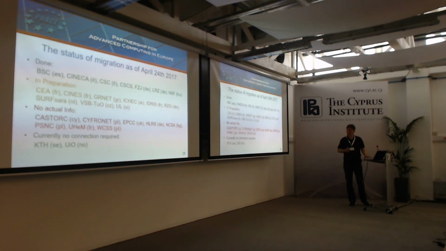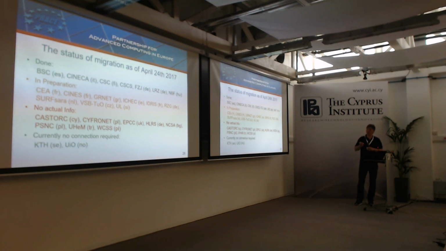So that's the migration plan. The status of migration: it's done with BSC, CSC, CSCS, FCJ, and IIF. CEA just connected yesterday. Egress told me they have migrated. I have to check this. We will do this after the session.